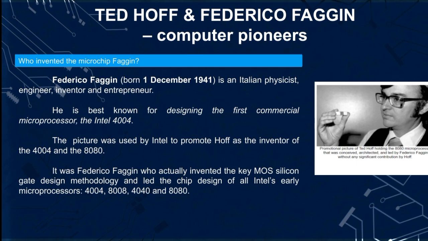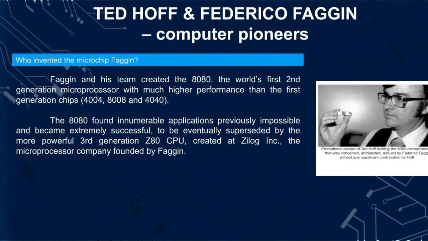It was Federico Faggin who actually invented the CMOS silicon gate design methodology and led the chip design of all Intel's early microprocessors: the 4004, 8008, 4040, and also the 8080. Faggin and his team created the 8080, the world's first second-generation microprocessor with much higher performance than the first-generation chips, the 4004, 8008, and the 4040.